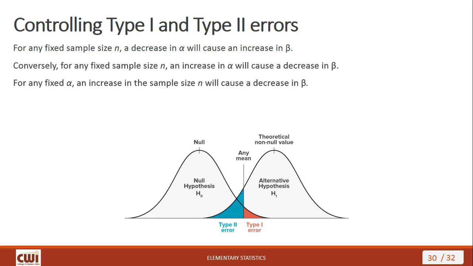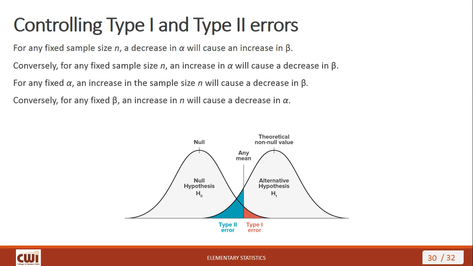So an increase in sample size, if we keep alpha constant, is going to cause a decrease in the value of beta, because changing our sample size is going to move just one of those distributions and not both of them together. Conversely, if we fix beta, then an increase in sample size will cause a decrease in alpha.